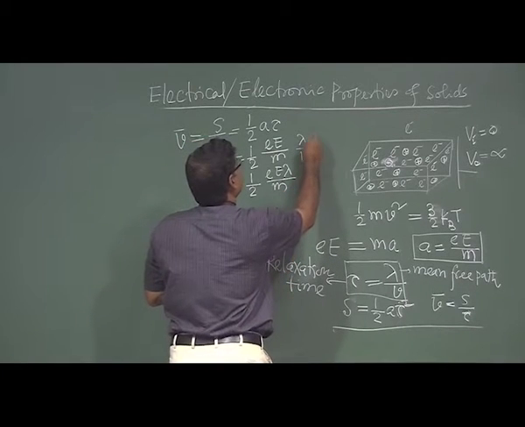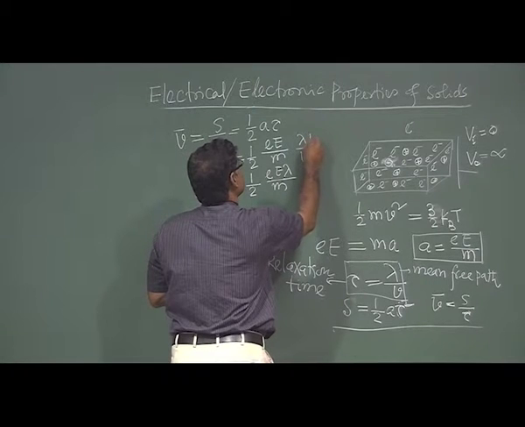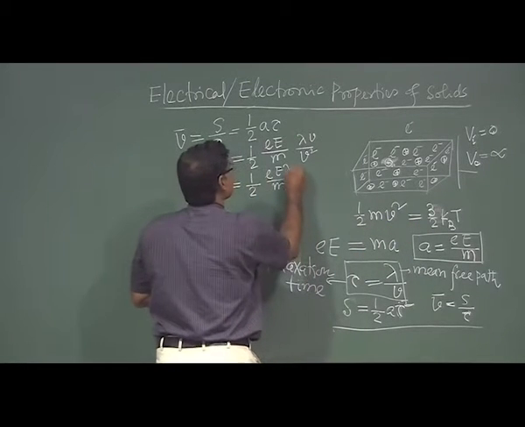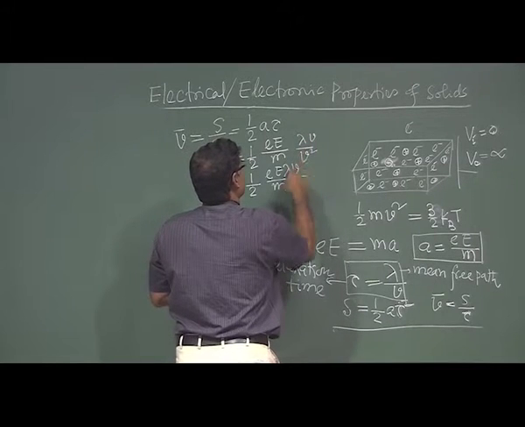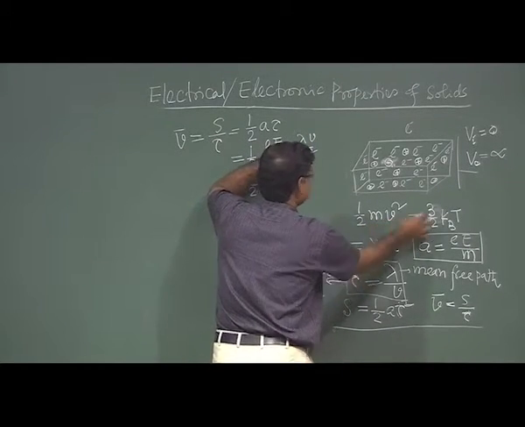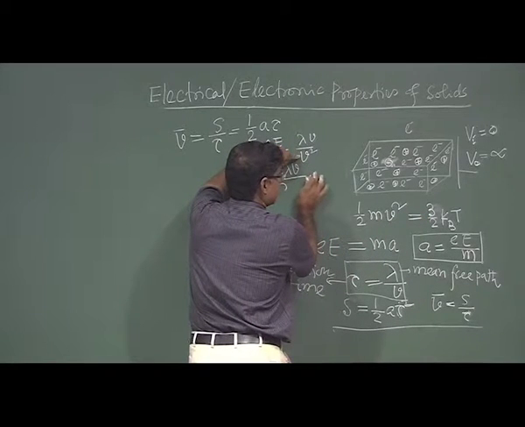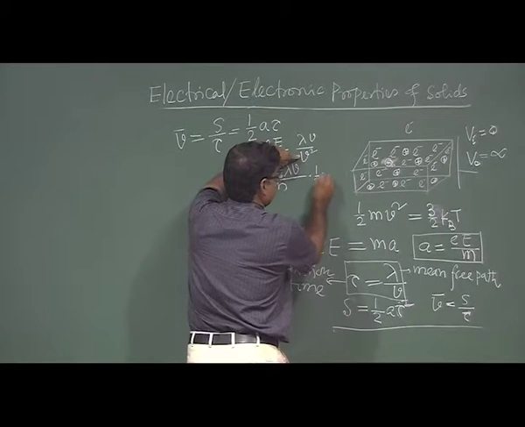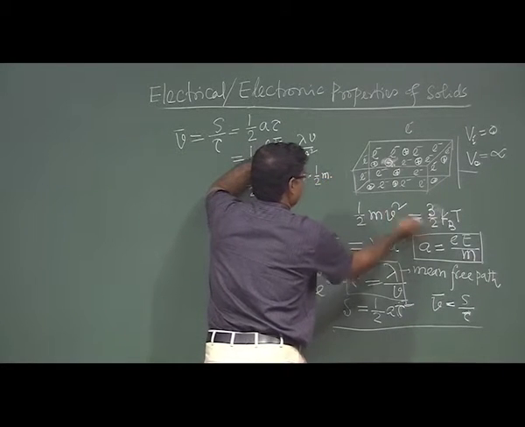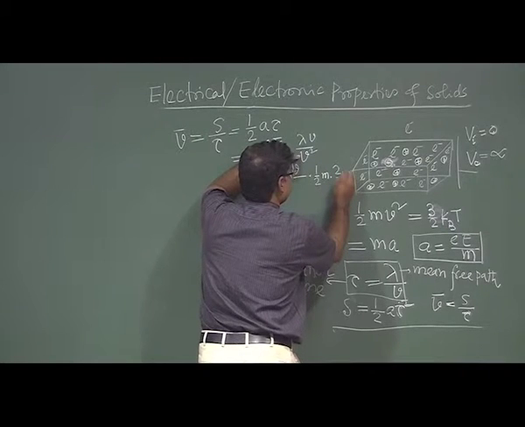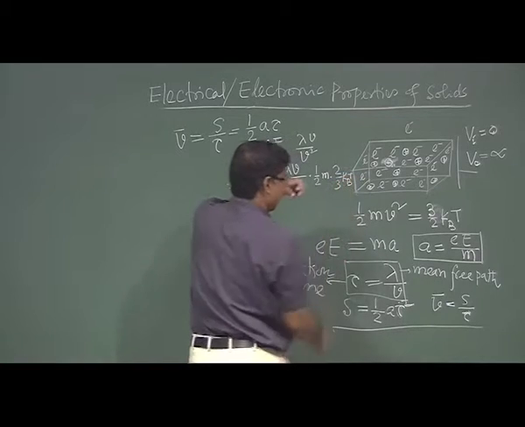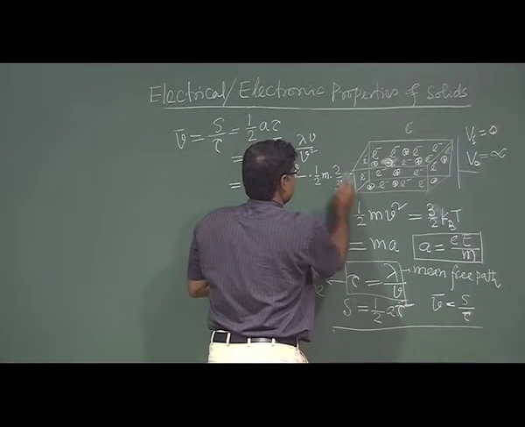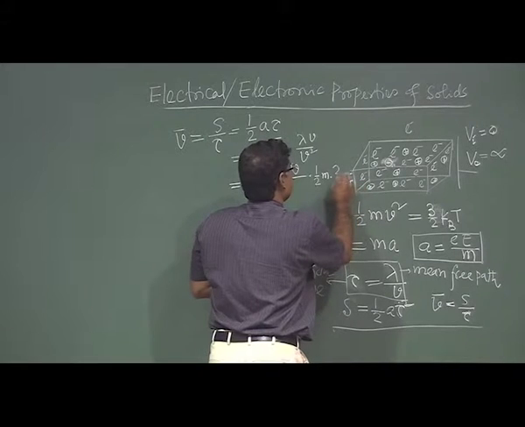If I write 1 v here, then 1 by v square I will replace, and v square is basically half m v square equals 3 by 2 k B T, right. Sorry, it has to be 3 k B T, right.